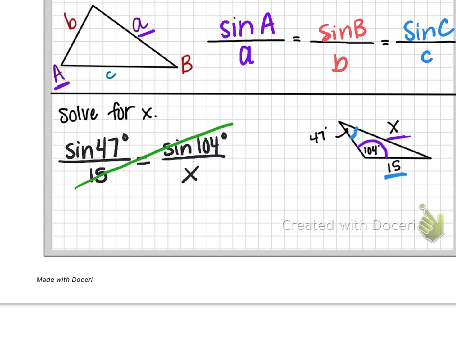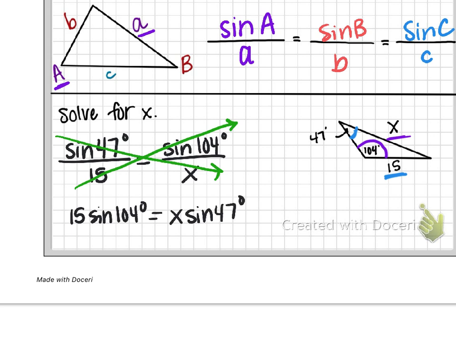Then to solve a proportion, because now we have two fractions that equal one another, we cross multiply. So 15 times the sine of 104 degrees equals X times the sine of 47 degrees.